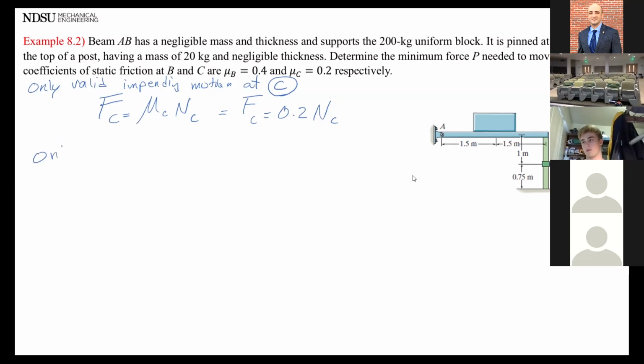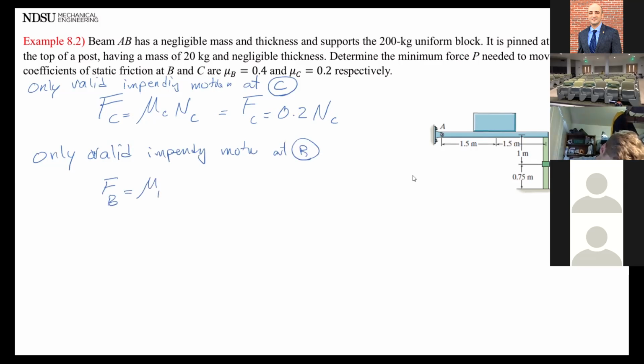So I have another equation that could be valid only for impending motion at B. FB equals mu B NB, which is going to be 0.4, and NB, I already have it. Okay. So which one would you choose? Which one would you use? Or maybe you can use both of them.